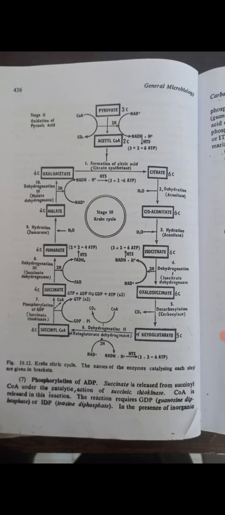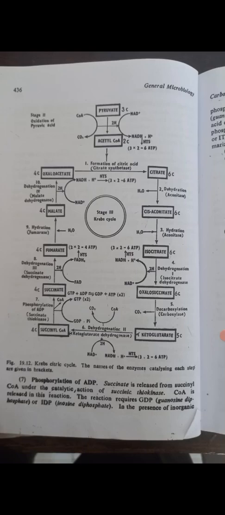In the sixth step of dehydrogenation reaction, here also we have a 6 ATP molecule generation. In the seventh step, that is phosphorylation of ADP, succinate thiokinase action, here GTP is produced, which is equivalent to ATP if you observe, and 2 GTP molecules were produced.